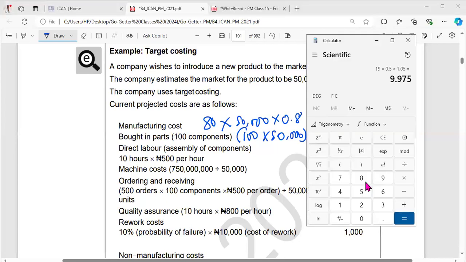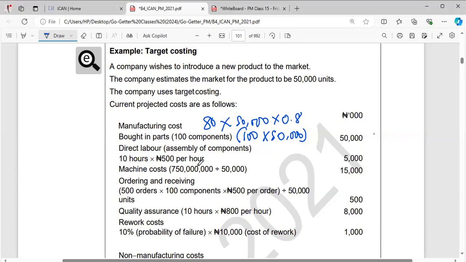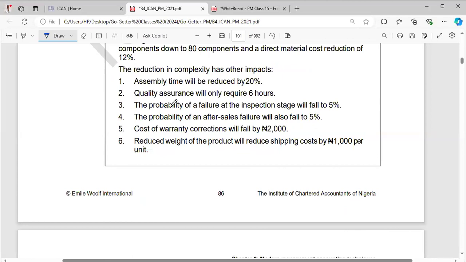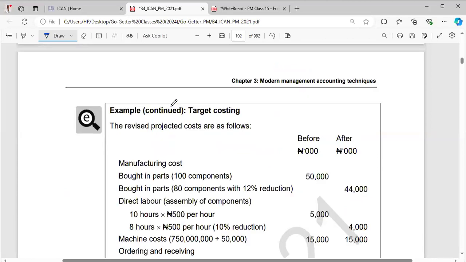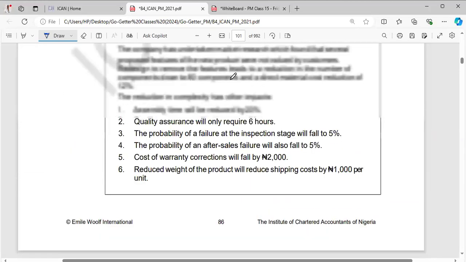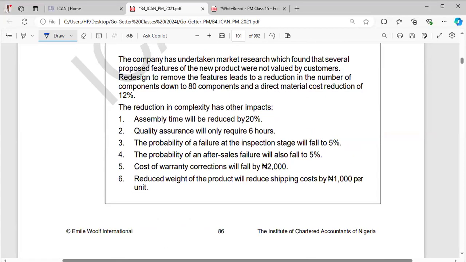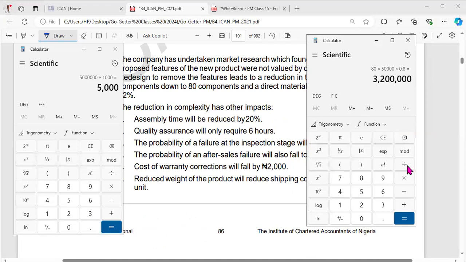80 times 50,000 times 0.8. Okay, so I'm not doing it well here. It's just 80 times 50,000 that you just use. So let me reverse the 0.8.